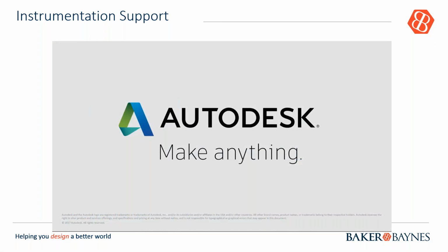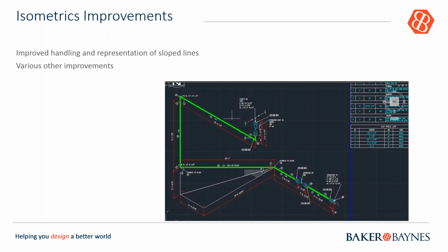As you can see, the instrumentation side of it is quite enhanced and nice to work with. There are also some improvements with regards to isometrics with Plant 3D. We find that Autodesk makes continuous improvements to Plant 3D itself, and isometrics is one of them. They've made improvements inside the piping isometrics to improve the appearance of the isometrics and the drawings.